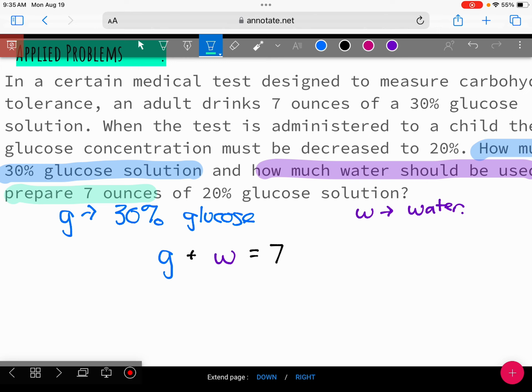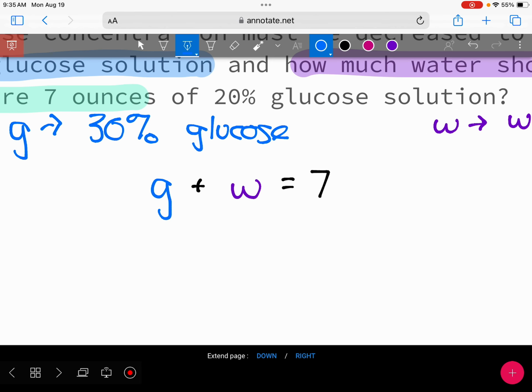How can we put together the glucose percentages? So we're going to be building a separate equation. How much glucose is in G? 30%, right? 30% of our ounces, so 30% of G. How do I write 30% as a decimal? 0.3.